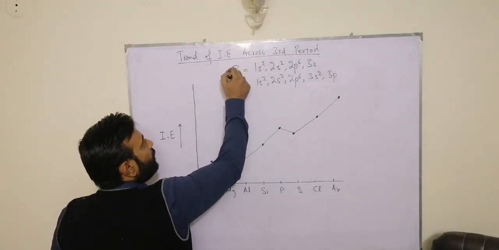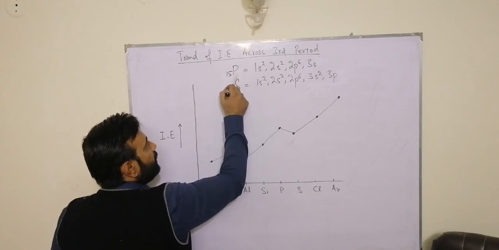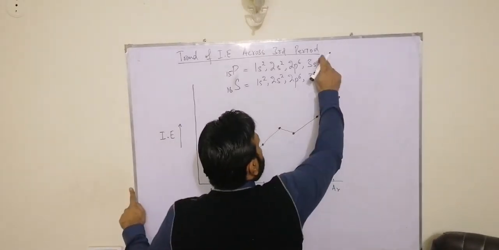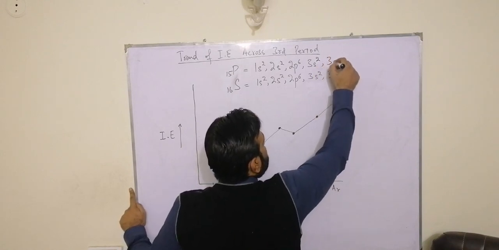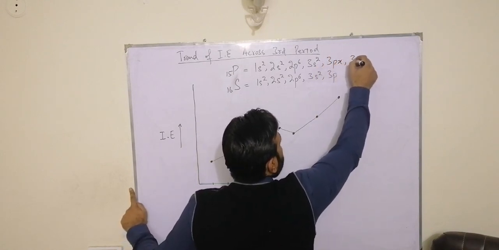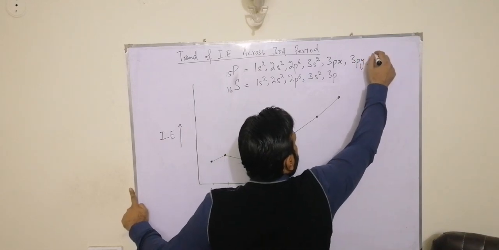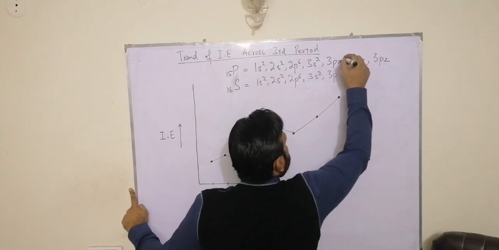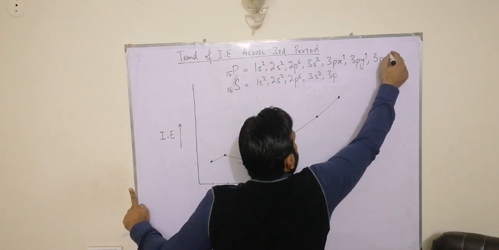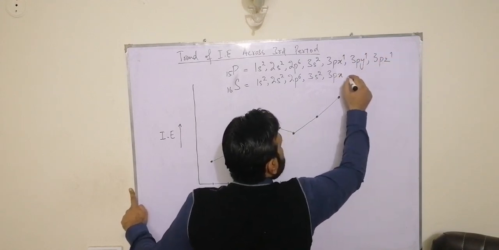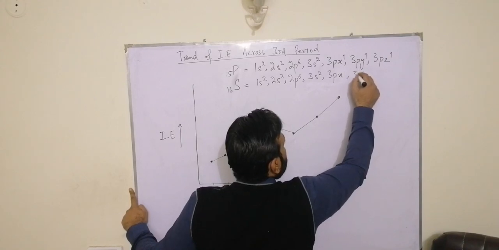The proton number of phosphorus is 15 and sulfur is 16. So the electronic configuration of phosphorus would be like this, and that of sulfur will be like this.